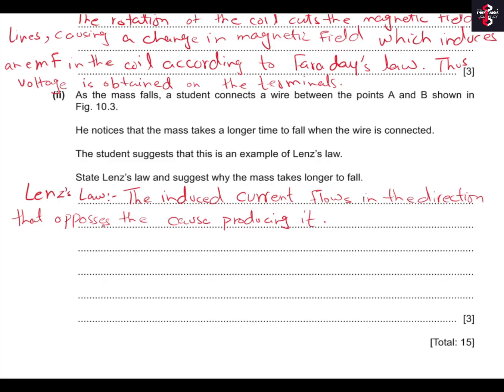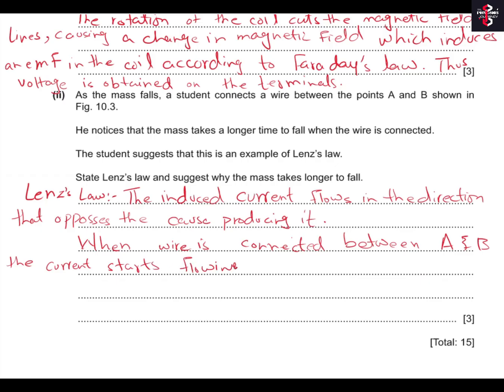Now, when the wire is connected between A and B, the current starts flowing in the coil.